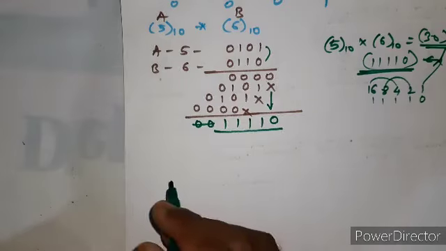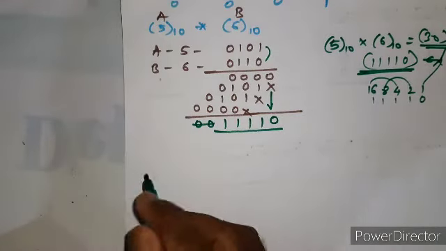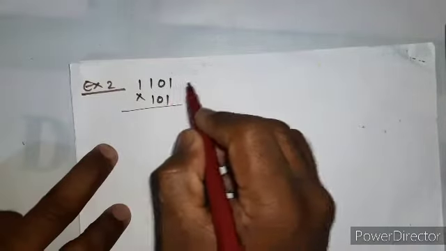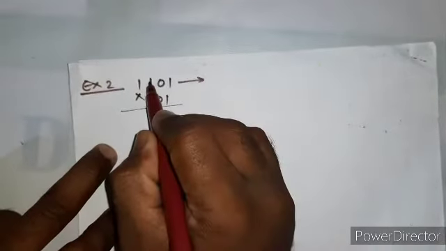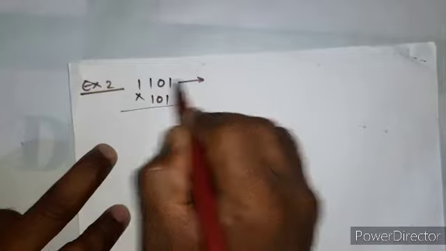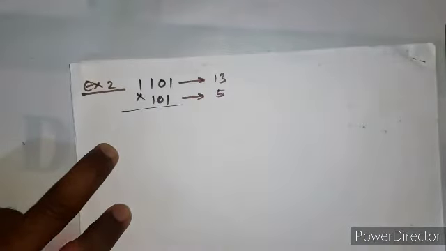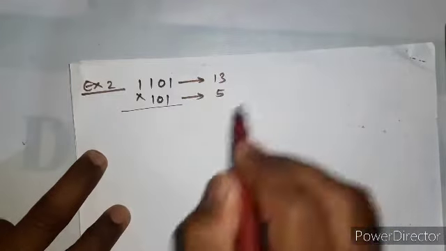And if the number is directly given, let us try to solve this example: 1101, which is 8 plus 4 is 12, and this is 13, and this is 5. So we'll see what is 13 into 5.